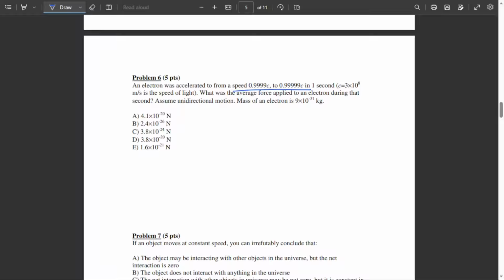We want to know the average force applied to the electron, and we're given the speed, the mass, and the change in time. So it's reasonable to think that we would use momentum for this problem. If you remember, change in momentum is equal to the force applied.